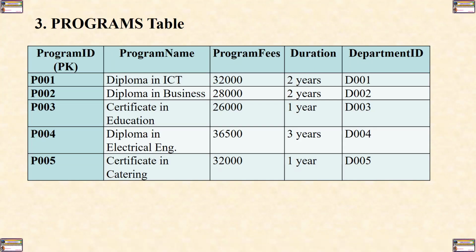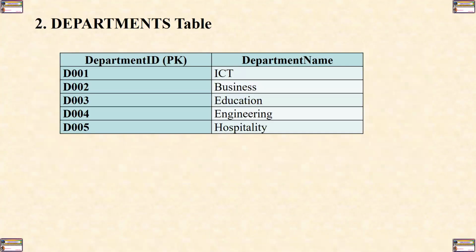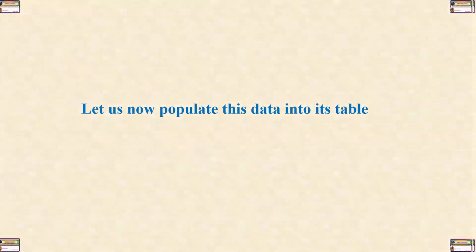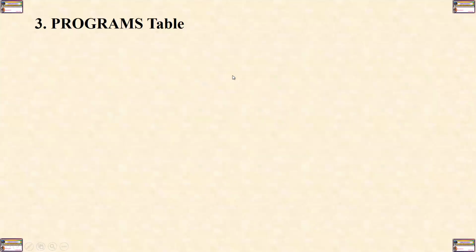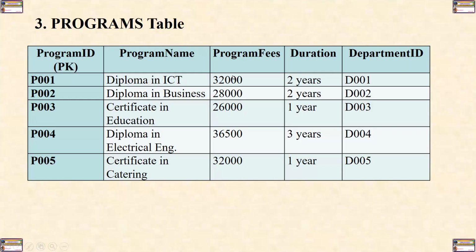But as you can see, the programs table also has a last field here called department ID. So because of that, we had to enter data in the departments table first. So what was the order? First of all, we had to capture, or enter, or populate the data for the departments table. Then we went to the programs table because of the department ID field.